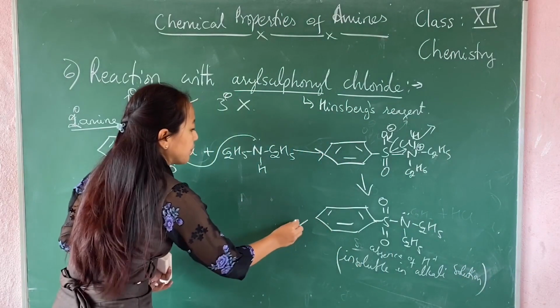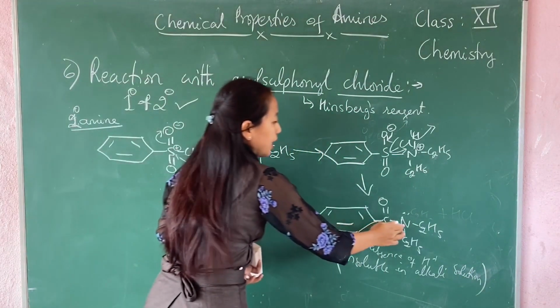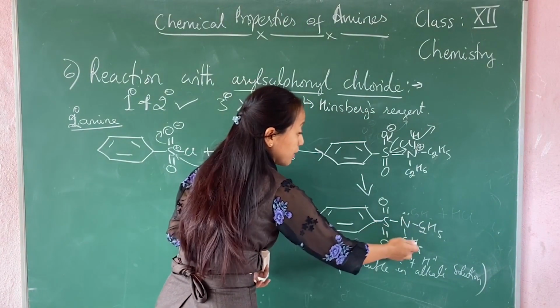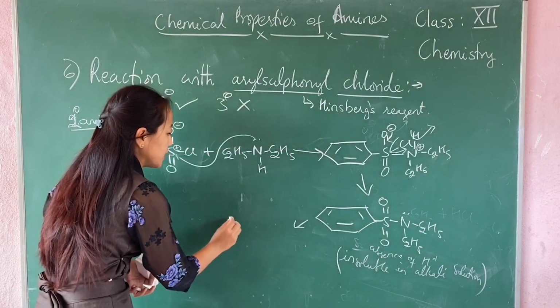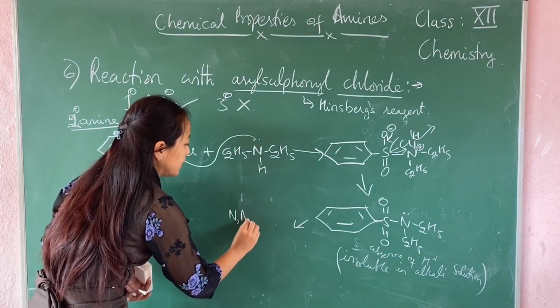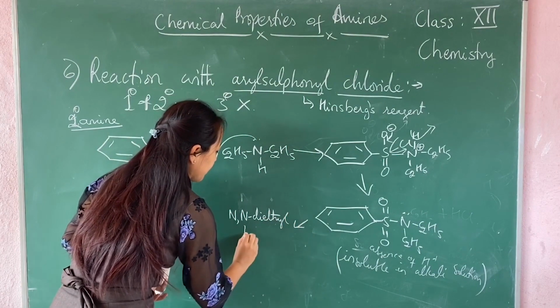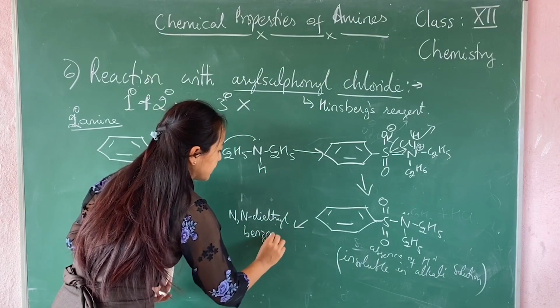And if you name this compound, it is N,N-diethyl benzene sulfonamide. Since you have two ethyl groups as substituents, this will be N,N-diethyl benzene sulfonamide.